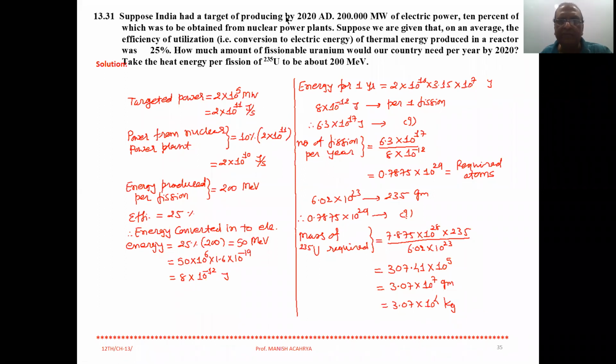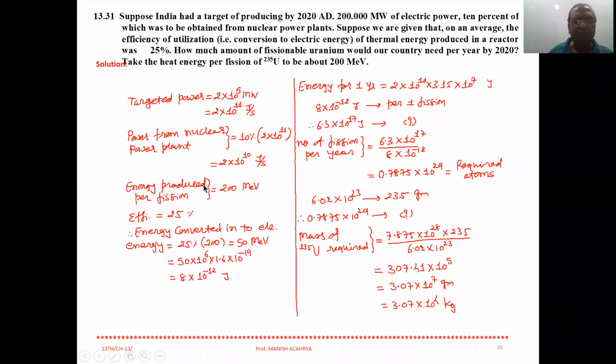Now we want power from the nuclear power plant, that is 10% of this. So 10% of 2 into 10 raised to 11 is 2 into 10 raised to 10 joule per second, which will be obtained from the nuclear power plant.